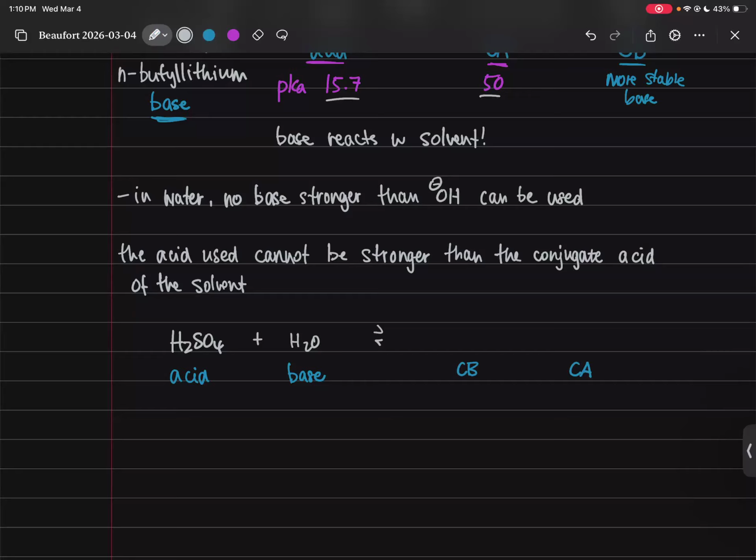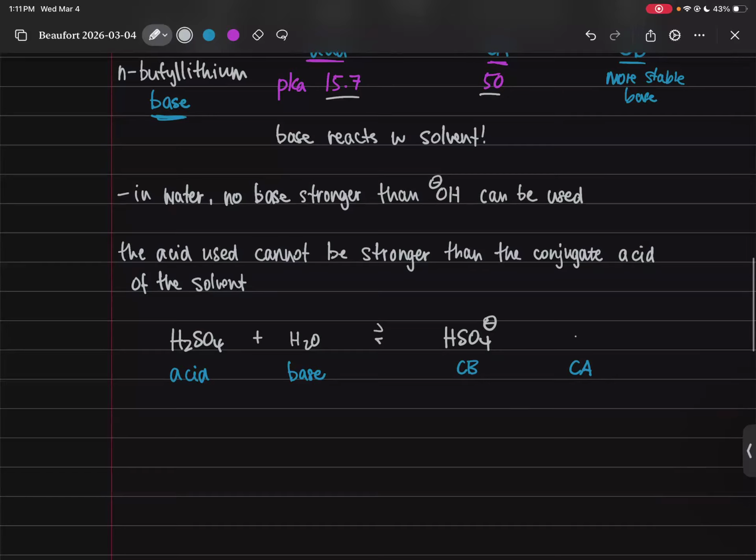Okay, so the acid donates a proton to the base. That means we're now at HSO4 minus, right? That's sulfuric acid minus an H plus. And then water plus an H plus is H3O plus.